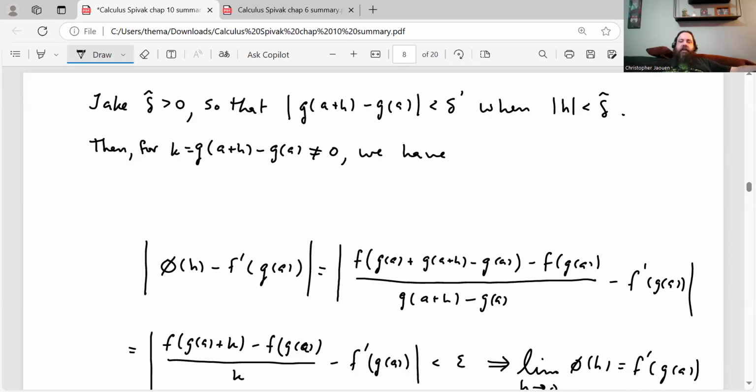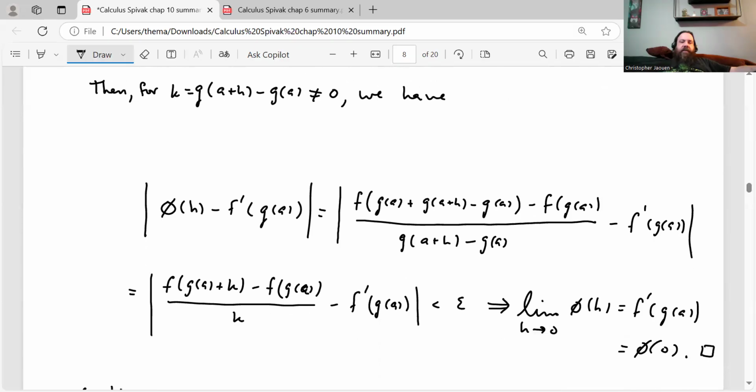Minus f of g of a all over g of a plus h minus g of a, minus f prime of g of a. Notice that that's the same thing as absolute value f of g of a plus k minus f of g of a all over k minus f prime of g of a, which is less than epsilon. Therefore, the limit as h goes to 0 of phi of h equals f prime of g of a, which is phi of 0. So that means that phi is continuous at 0.